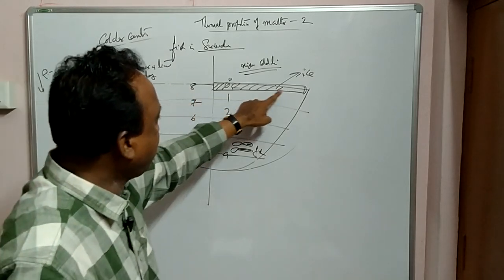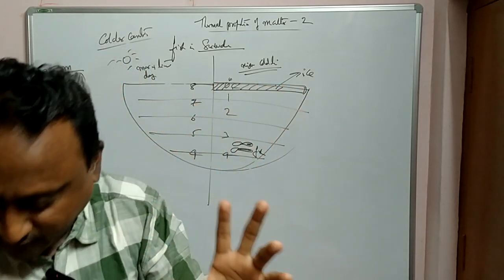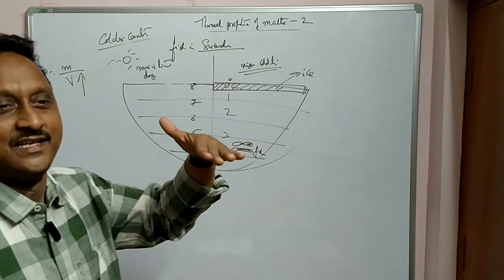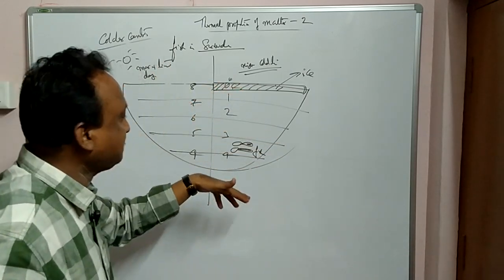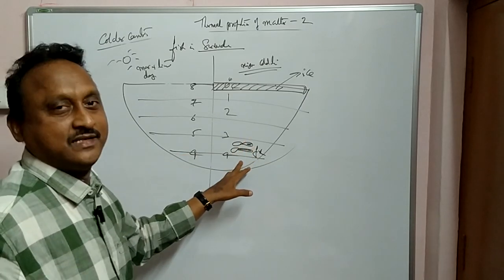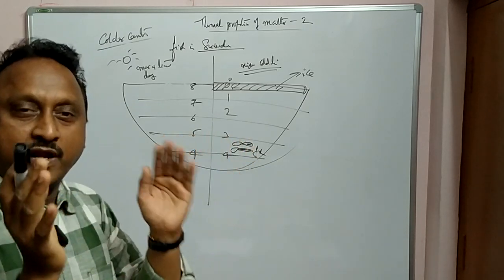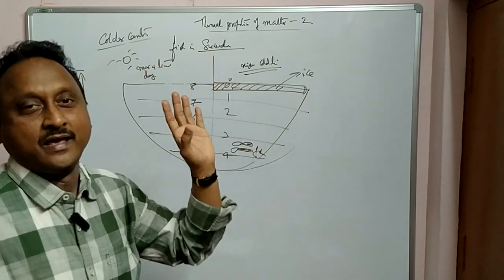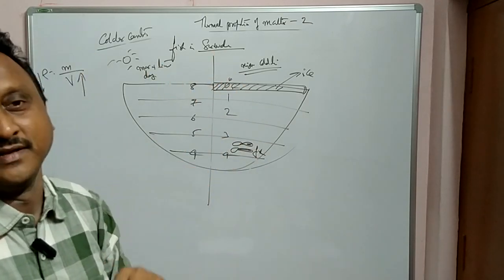So the ice pieces formed on the surface will be floating because of lesser density, and fishes will be going down, and that is why the fish will be surviving. So in colder countries fishes survive because of this nature, the anomalous expansion of water.